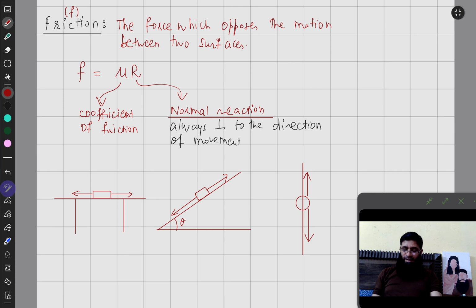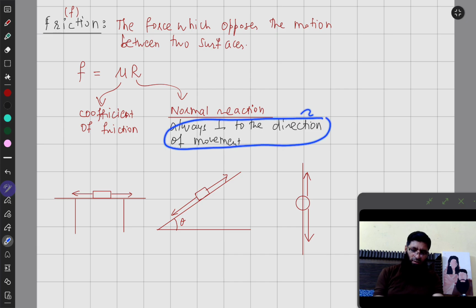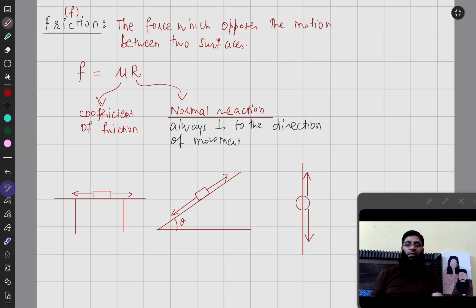Now we will see what will be the direction of the normal reaction. Basically, I have told you that it is always perpendicular to the direction of movement. So in this case, when the object is moving horizontally, the direction of R will be perpendicular to the movement. Similarly, here the direction of movement is along the inclined plane, so the direction of normal reaction will be in this direction.